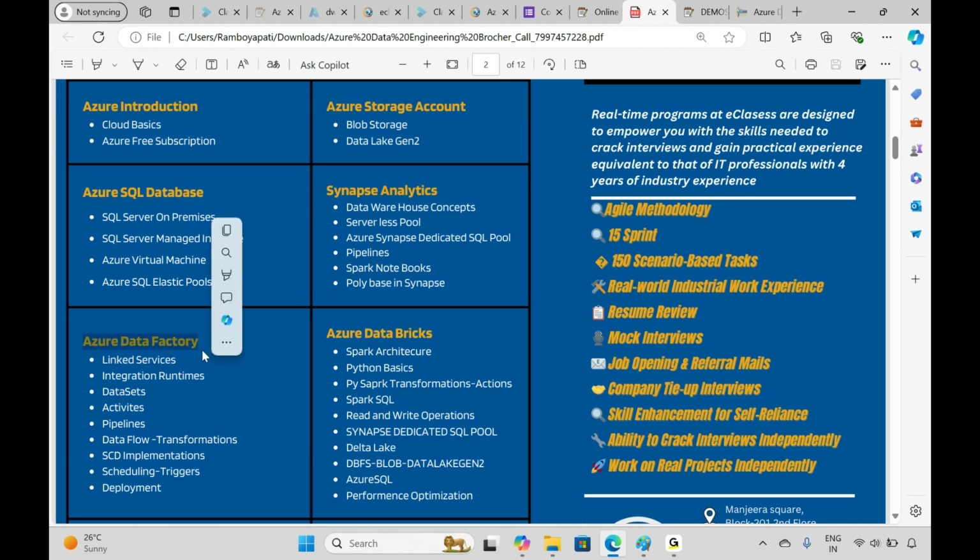But inside Azure Data Factory, how many scenarios they are going to cover is very important. Please cross-verify before joining any institution how many scenarios they cover, and how many activities and transformations. That is very important.